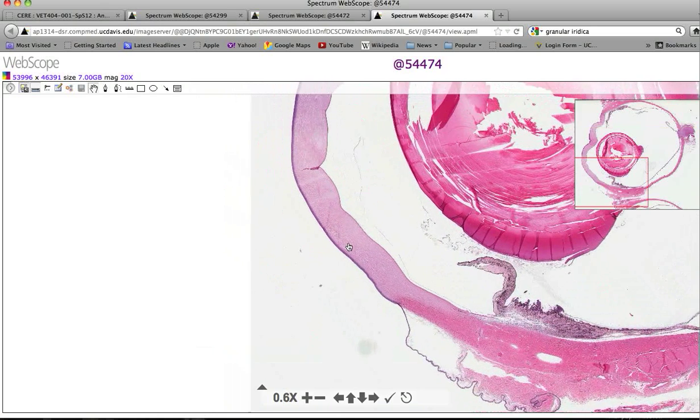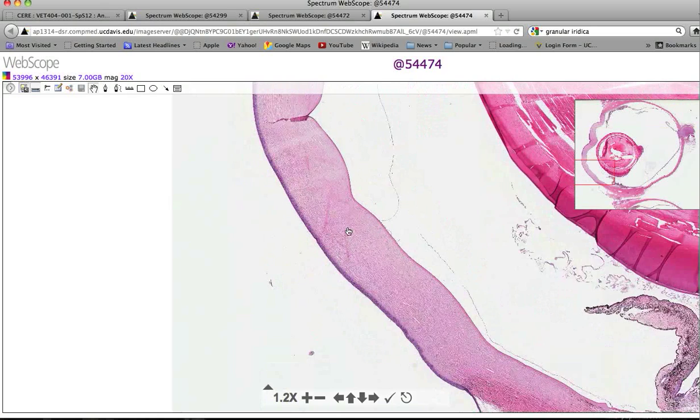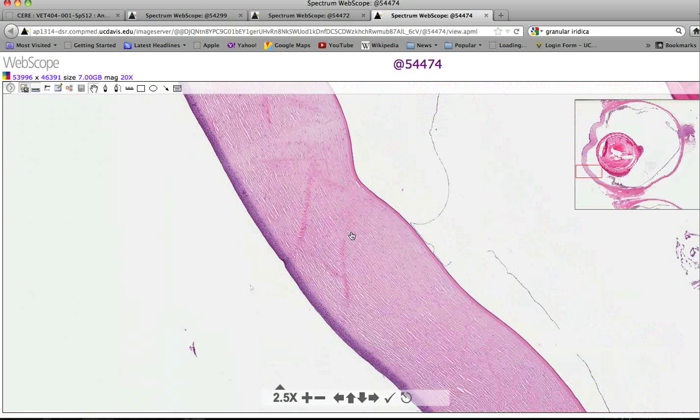So let's start with the layers of the cornea, remembering that that is the clear portion of the fibrous tunic. The number of layers varies somewhat from species to species. We'll show you there's an extra layer in the bird, as well as some other species we don't deal with too much, such as the elephant, but we'll get to that.